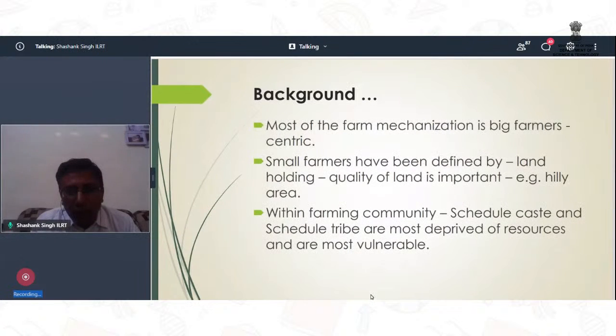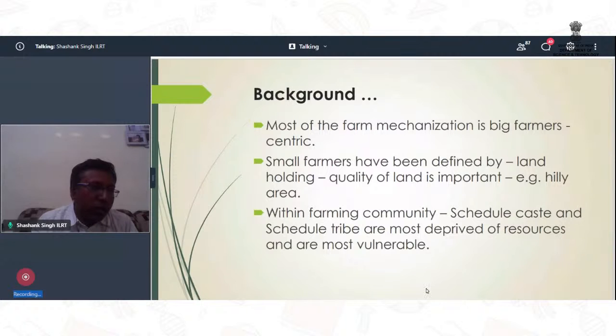Like I mentioned, most of the farm mechanization that has happened is centered towards the big farmers. And when we say small farmers, the criteria has been set according to land holding size. If the land they own is less than 2 hectares, they are categorized as small or marginal farmers.